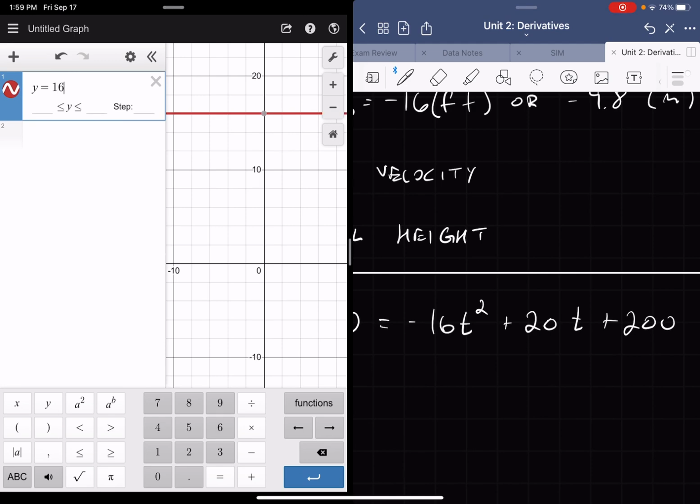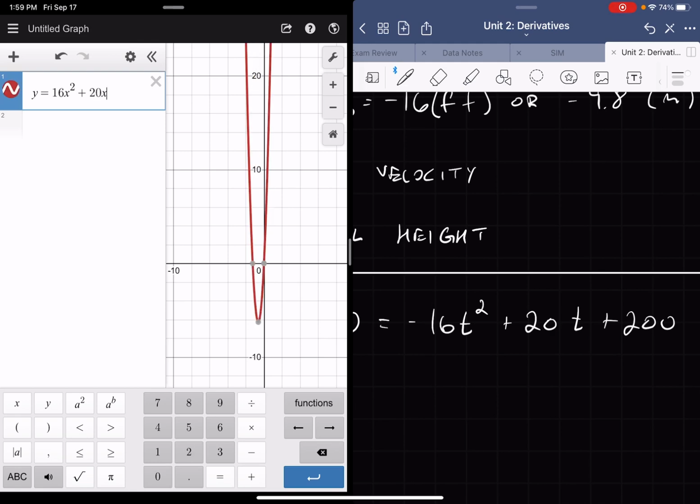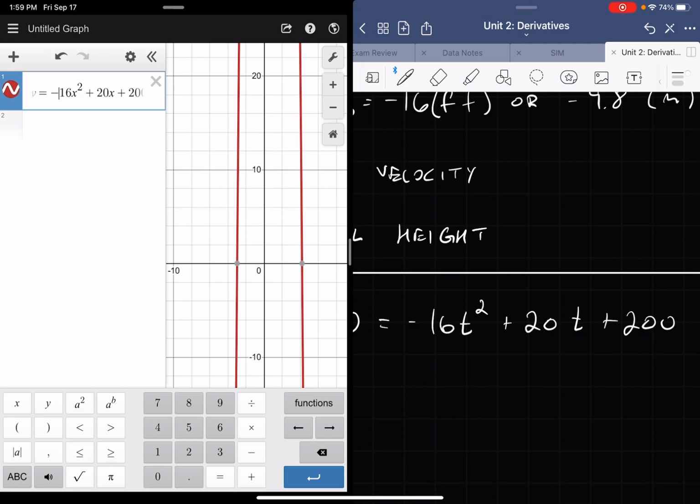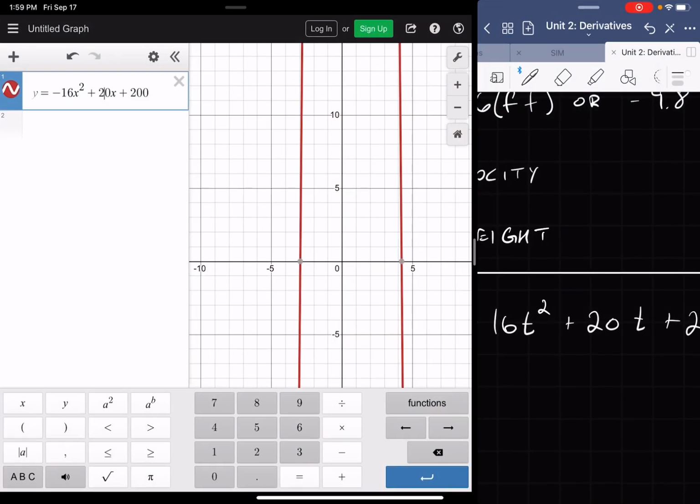So I'm going to use x's instead of t's just to make it easier to type. Plus 20t, so 20x plus 200. And I forgot a negative in front of the 16. There we go. Negative 16x squared plus 20x plus 200. So if you're doing this on the graphing calculator, unfortunately I can't show you how to do it on the graphing calculator from here.